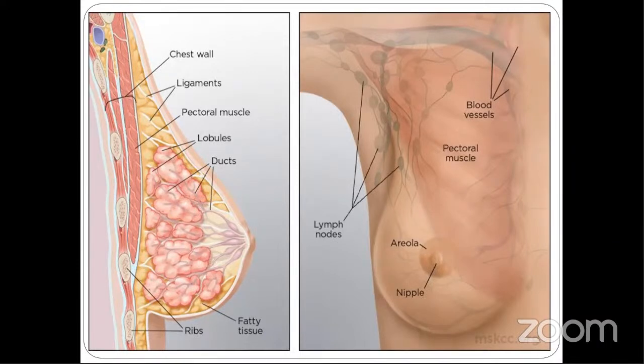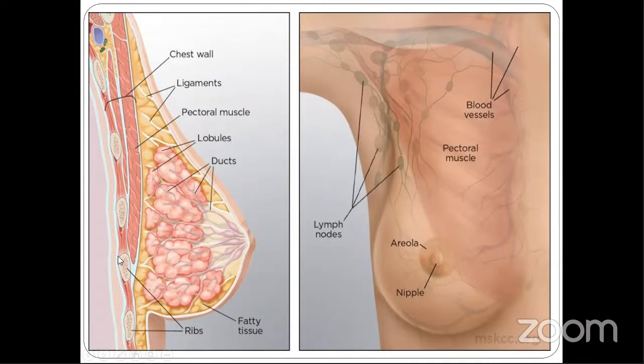Between the capsule and the fascia over pectoralis major muscle, here is the loose connective tissue of the retromammary space.